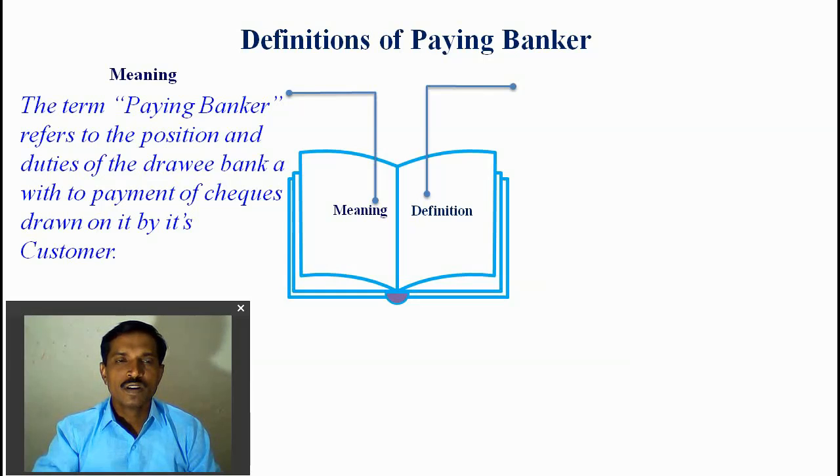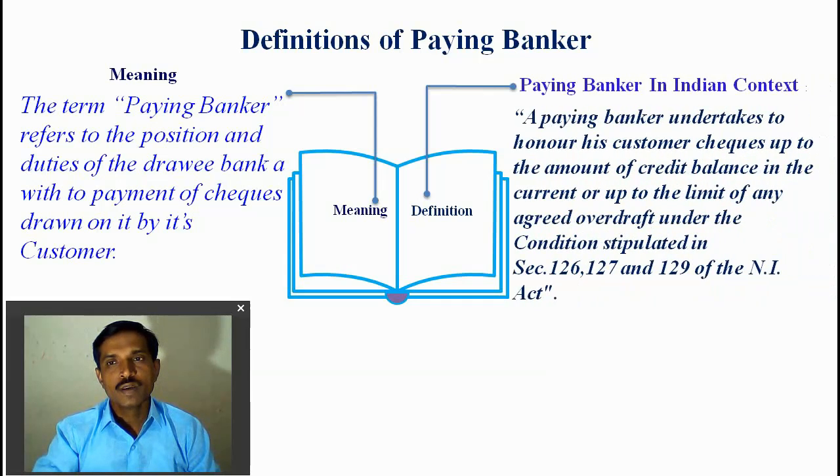In the Indian context, the paying banker undertakes to honor his customer's checks up to the amount of the credit balance in the current account, or up to the limit of any agreed overdraft, under the conditions stipulated in sections 126, 127 and 129 of the Negotiable Instruments Act. So the paying banker is the drawee bank which pays the check on behalf of their customer.